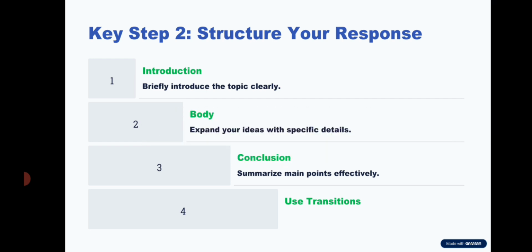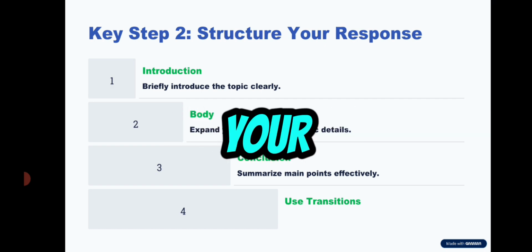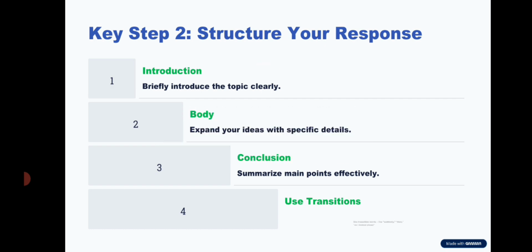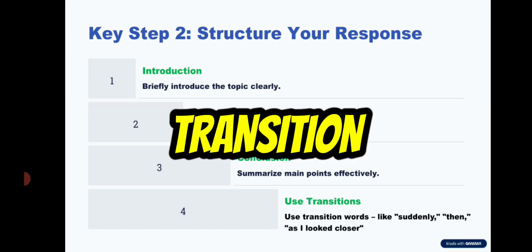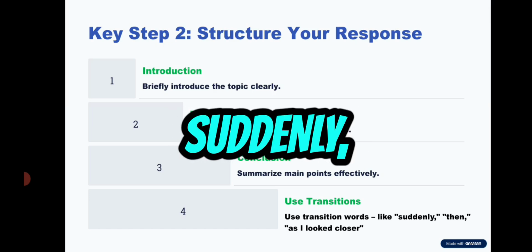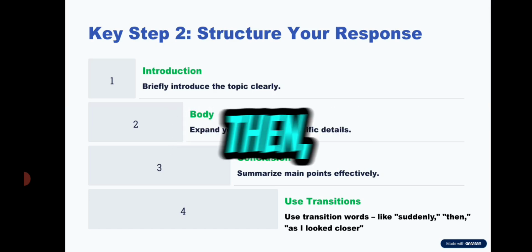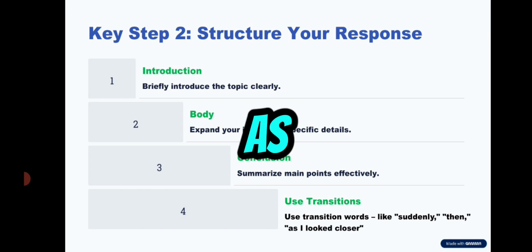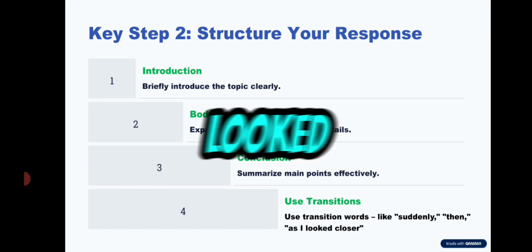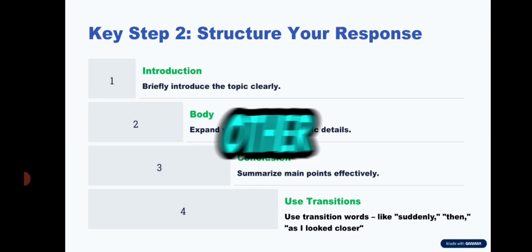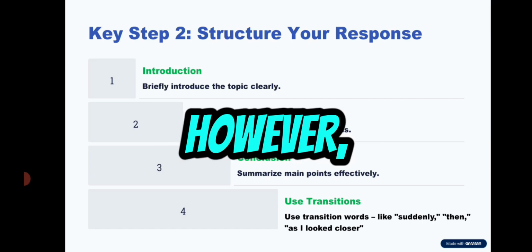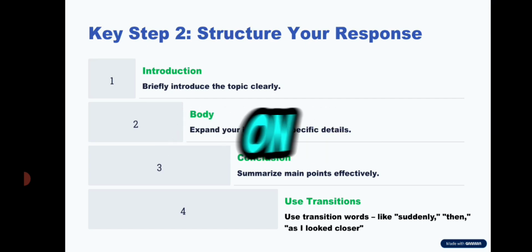Transitions should also be an important aspect of your writing structure. Use transition words like suddenly, then, as I looked closer. Other transition words include however, moreover, and so on and so forth.